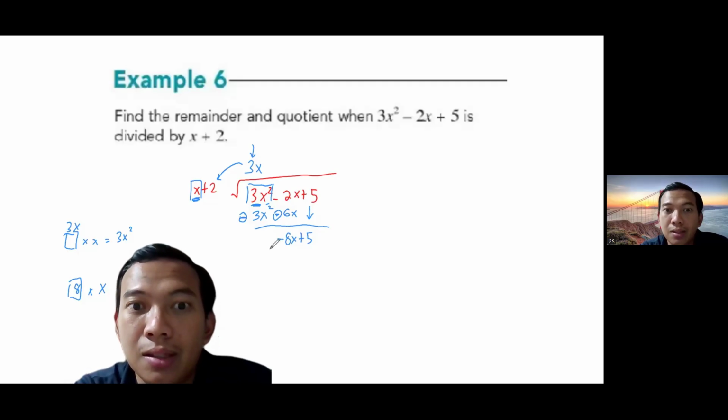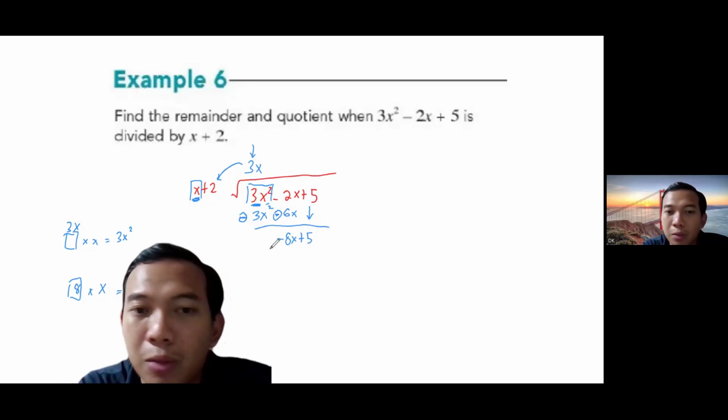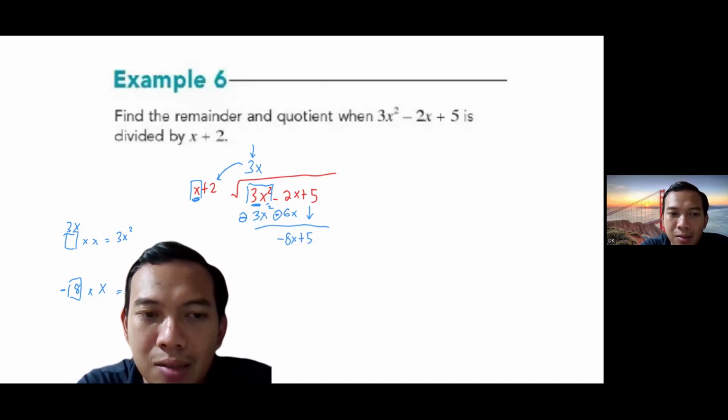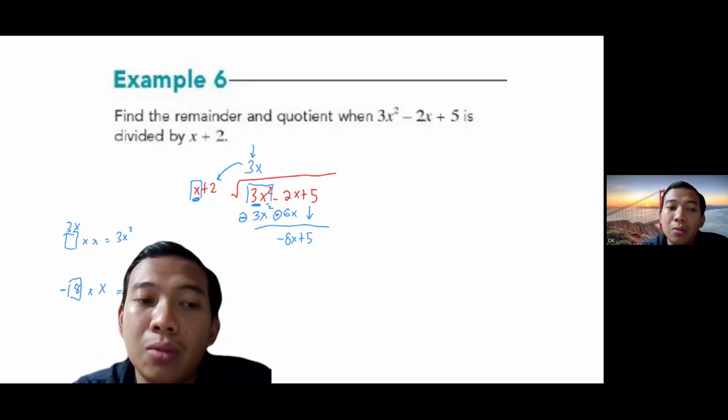In this case, we have to do the same thing with minus 8x. We have to be a minus 8x instead, because they are asking for minus 8x, right? So we have to be a minus 8x as well.